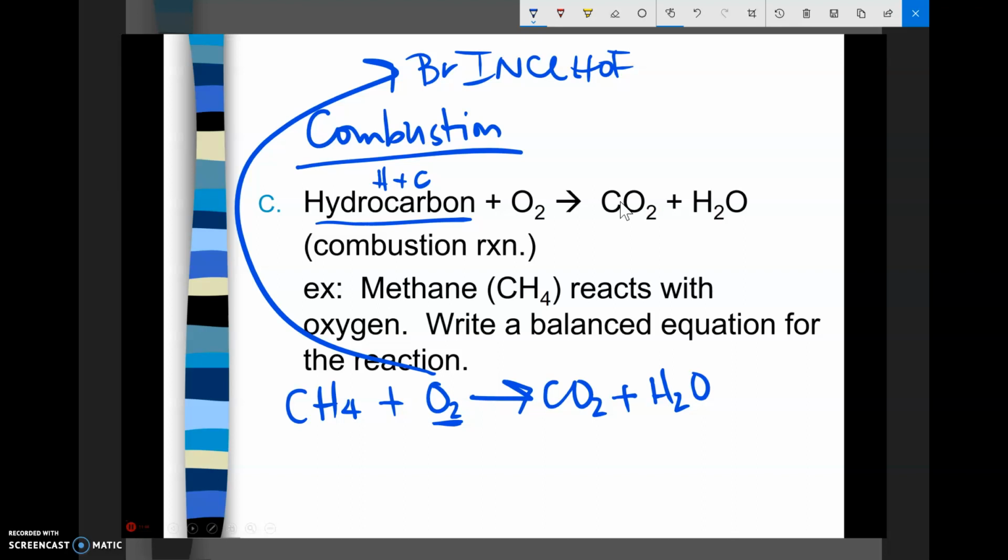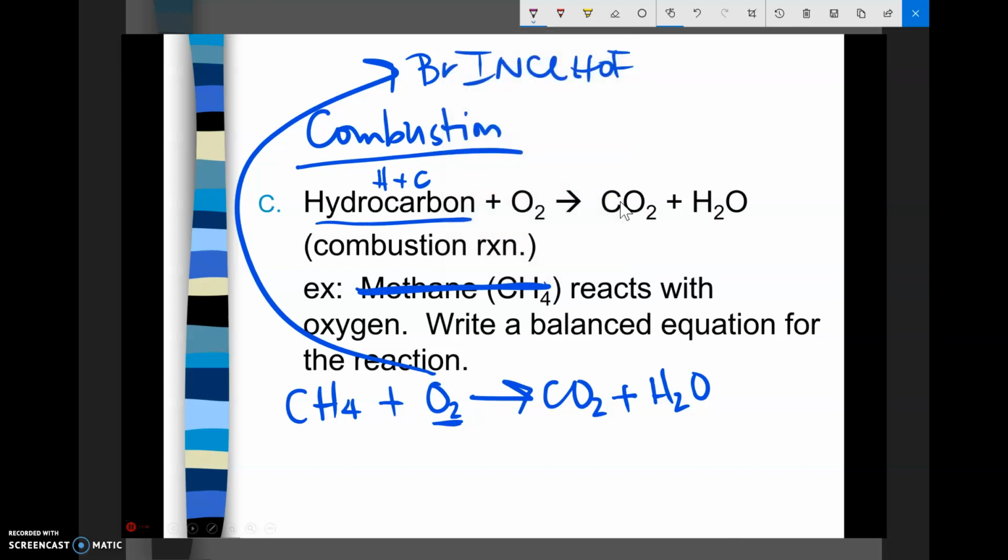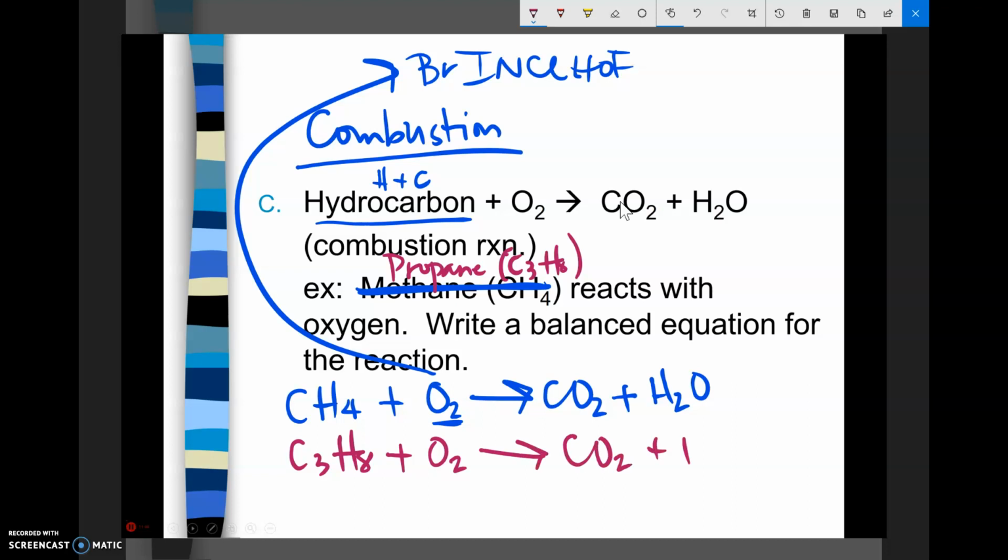Let's say instead of having methane right here, let's cross this out. Let's do, for example, propane. So propane's formula is C3H8. So on this one, we're going to do C3H8 in the presence of oxygen. Again, oxygen's a Brinkelhoff, and your products are always carbon dioxide and water.